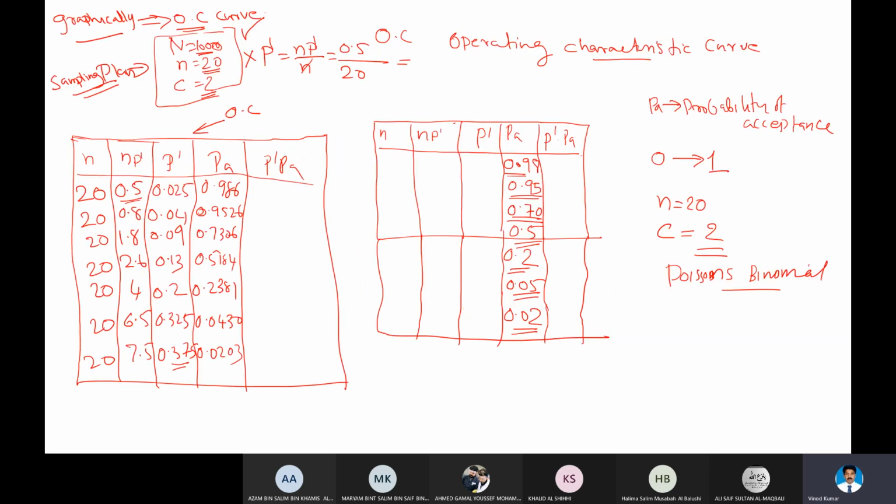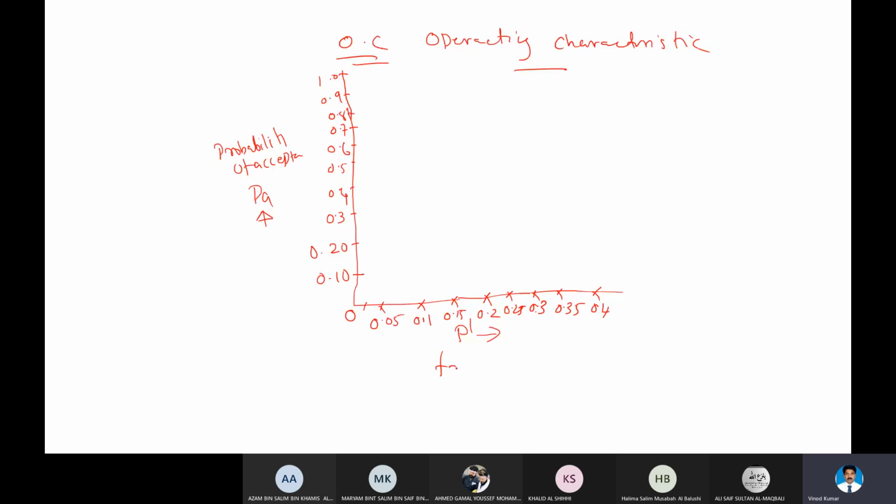This is the fraction defectives. We call it fraction defectives, P dash.